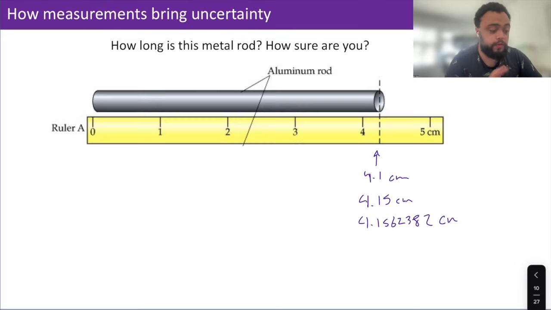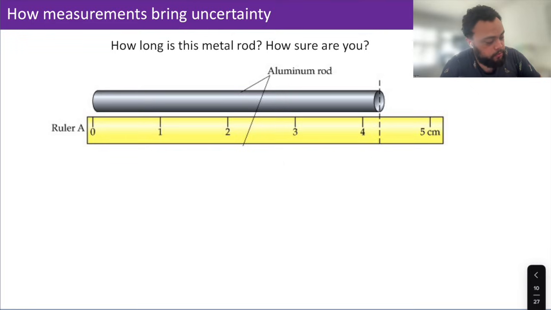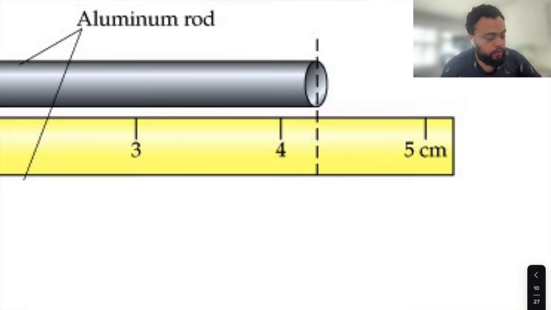So, for this one in specific, before we move on, we can talk about the uncertainty of the length of this metal rod by saying the uncertain digit that we are going to add is one digit past what can be measured.